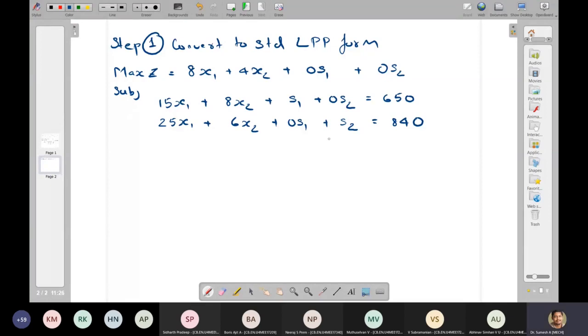Okay, so now I'll write the dual. As per the condition, what you have observed?